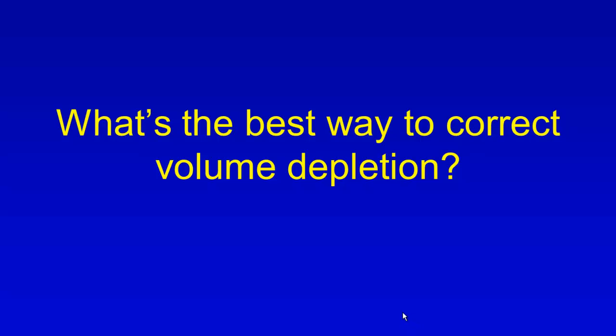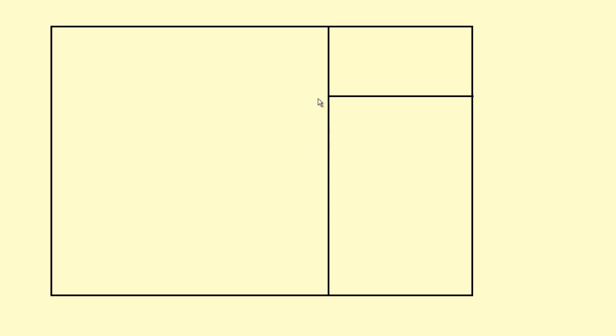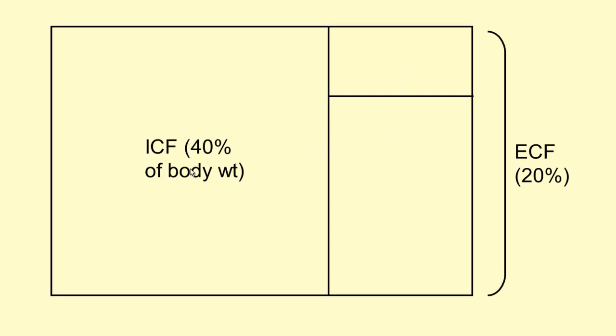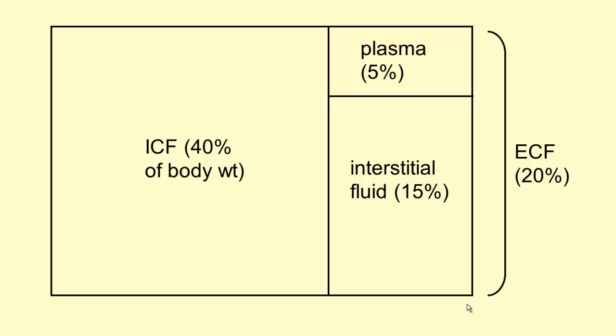Another way to do this, if you want to get colorful and to use pictures, is to use some PowerPoint pictures and animation and to ask again the question, what is the best way to correct volume depletion? You can then show a slide of the different body fluid compartments, intracellular fluid, extracellular, plasma space, and interstitial fluid.